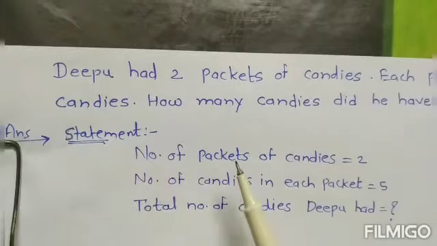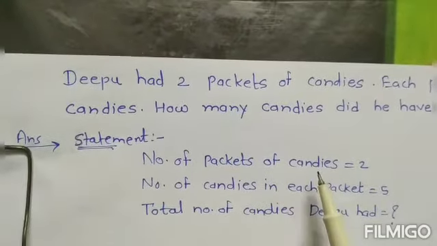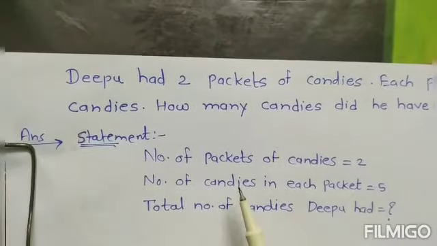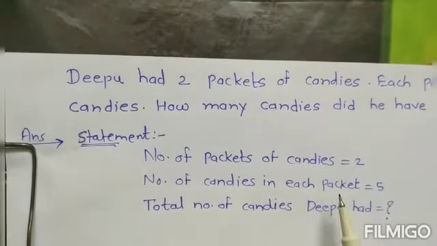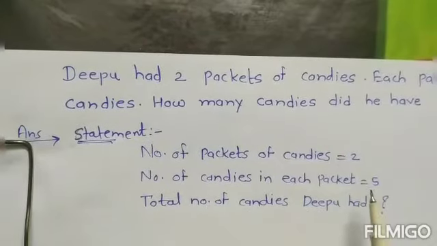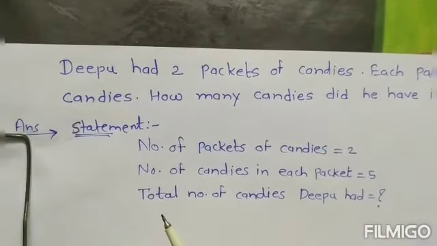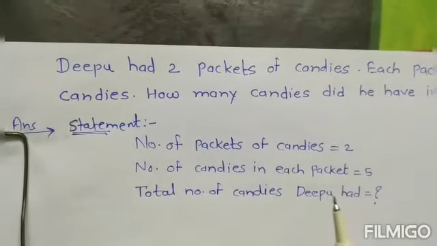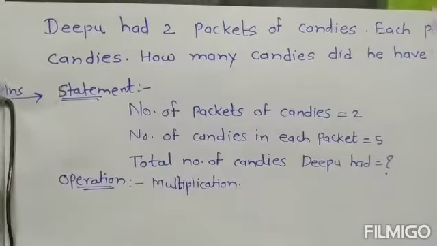Number of packets of candies is equal to 2. Number of candies in each packet is equal to 5. And we have to find out the total number of candies Deepu had.